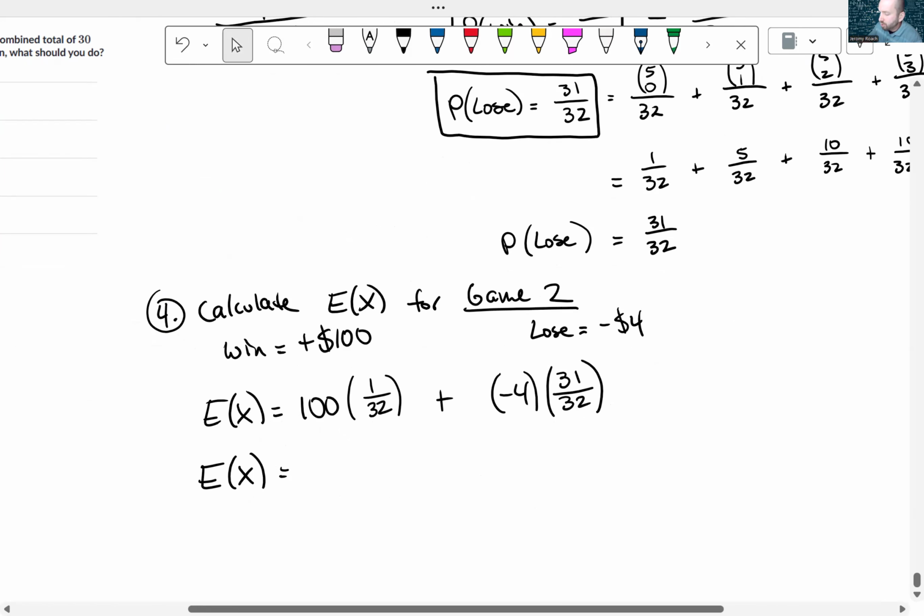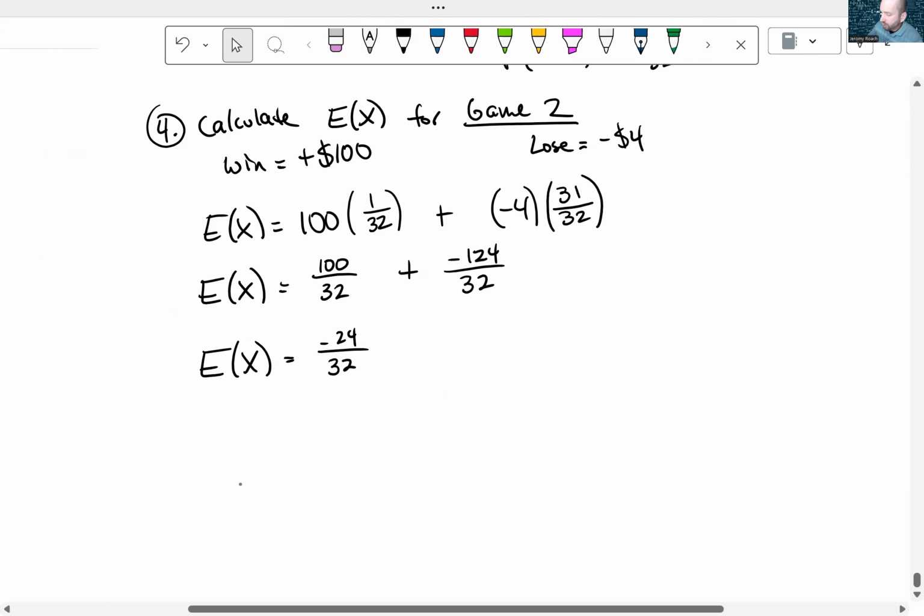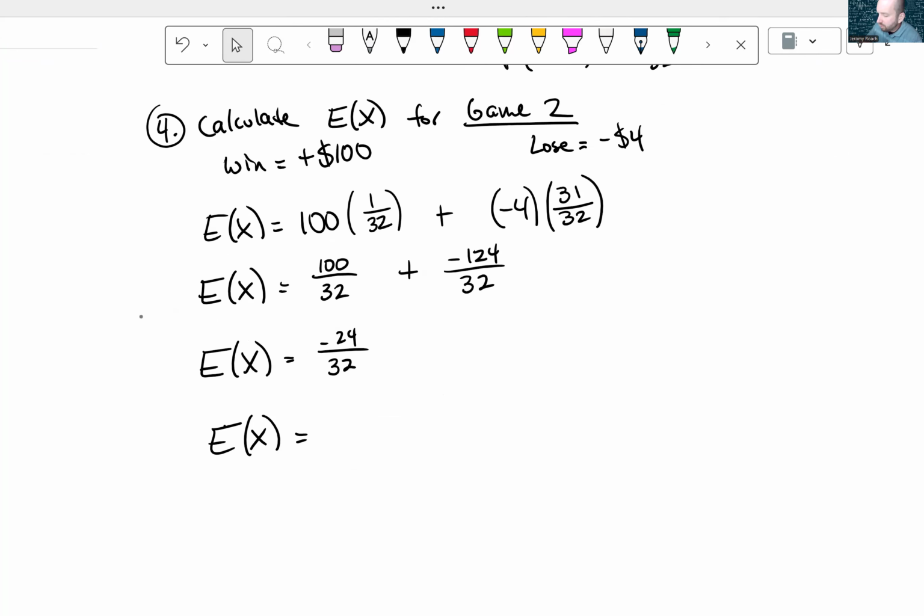So this is equal to 100 over 32 plus -4 times 31, which is -124 over 32. Our expected value for game number two is -24 over 32. And as a decimal, our expected value is -0.75.